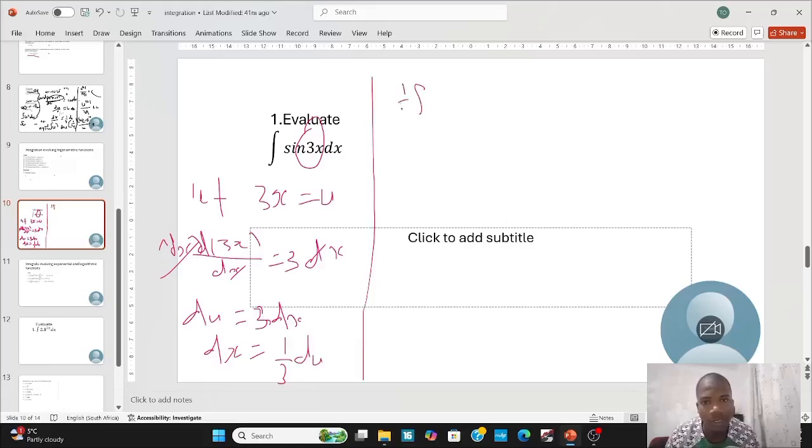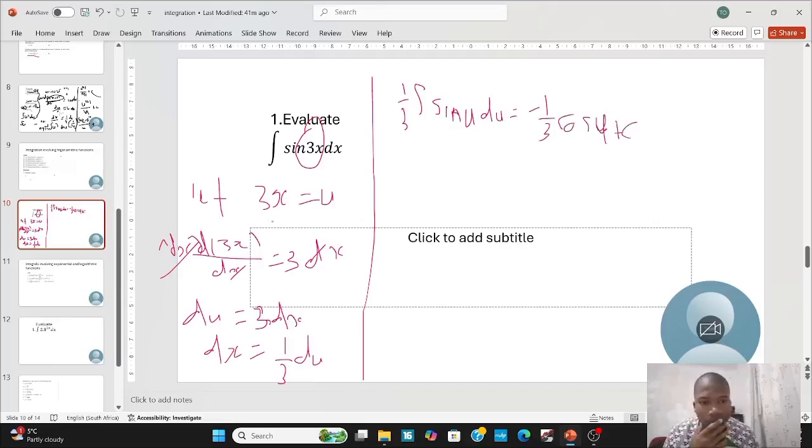Then we can also write it as 1 over 3 sine u du, which is equal to minus 1 over 3 cos u plus c, right?